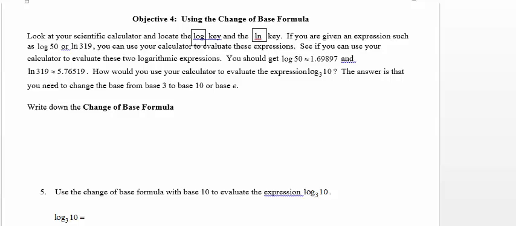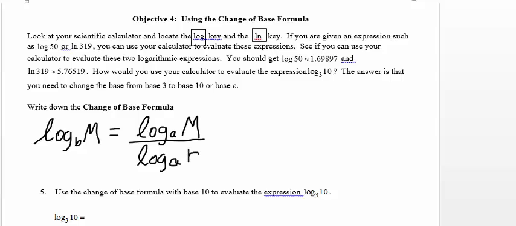So common log of 50 is about 1.69897. Natural log of 319 is about 5.76519. But you do run into a problem if you try to calculate the base 3 log of 10.